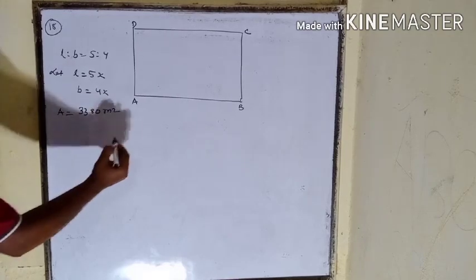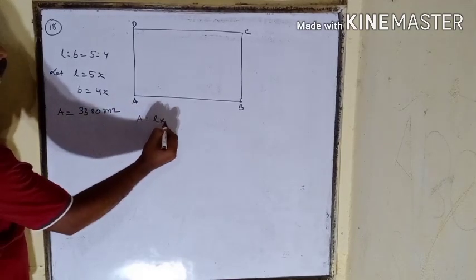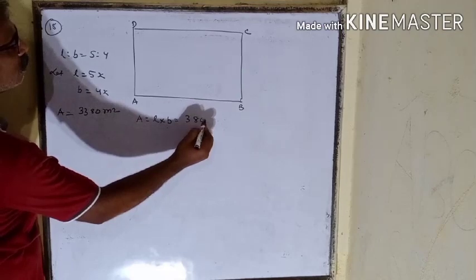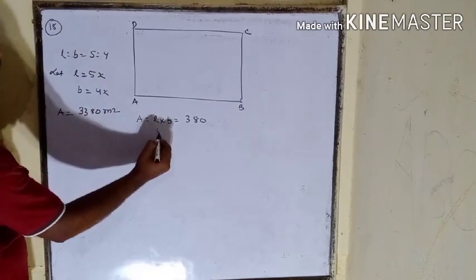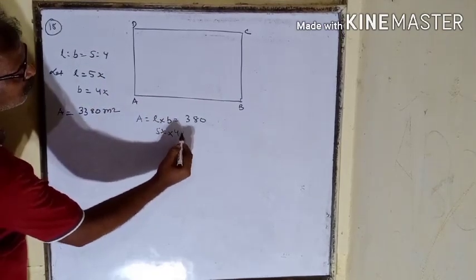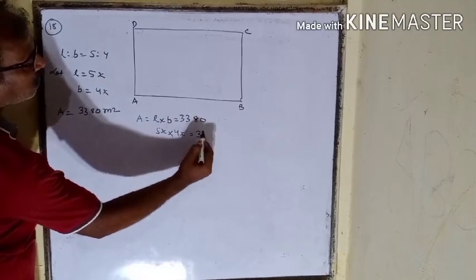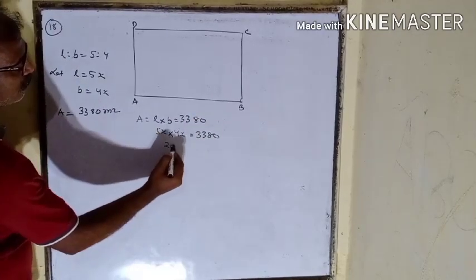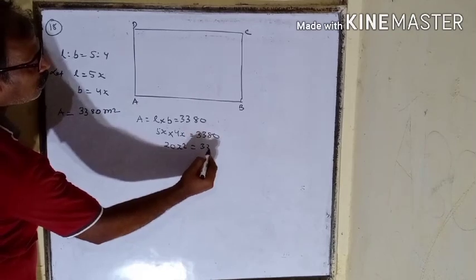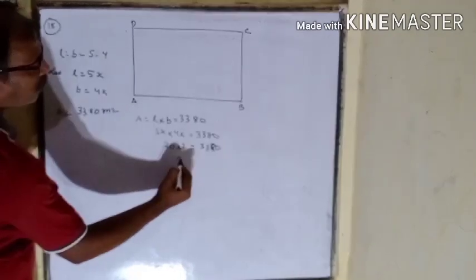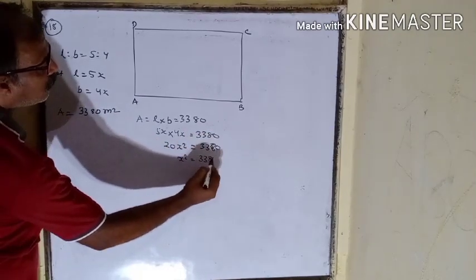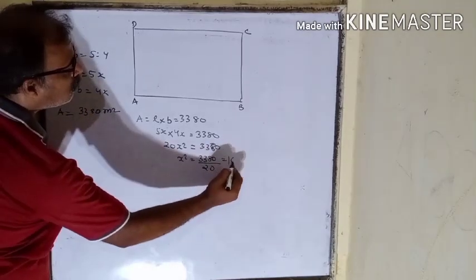So at first we'll apply the formula of area. Area is equal to length into breadth, that is equal to 3380. Length we have considered 5x, breadth we have considered 4x, that is equal to 3380. So 20x square will come out as 3380. When we solve it, x square will come out as 3380 divided by 20, that is equal to 169.